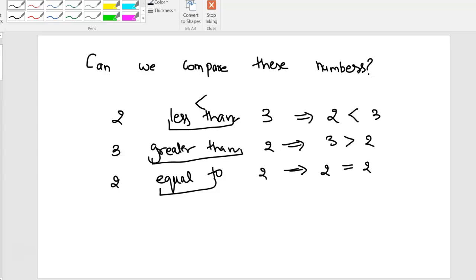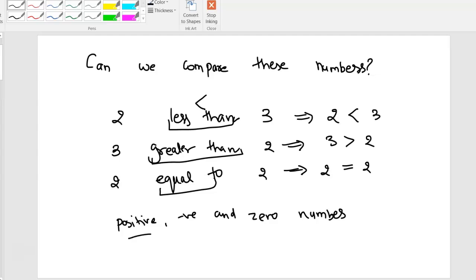So can we compare these numbers that we just learned, positive numbers, negative numbers, and 0? These numbers can be compared using a number line.